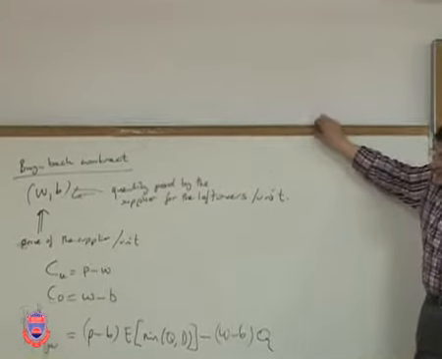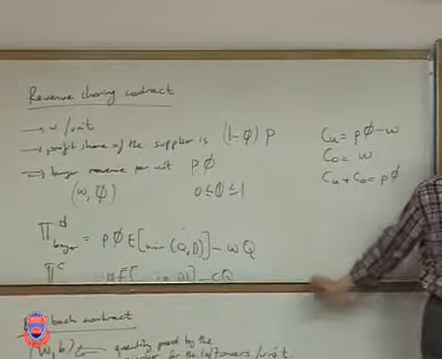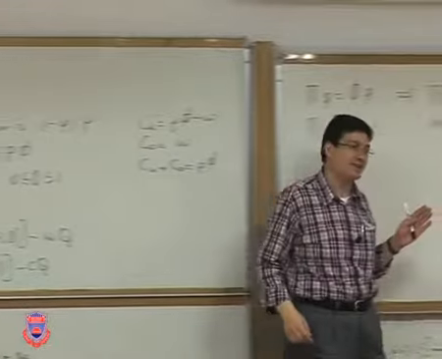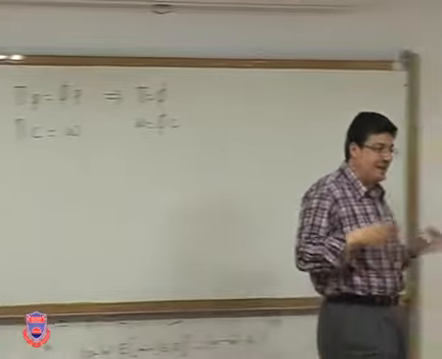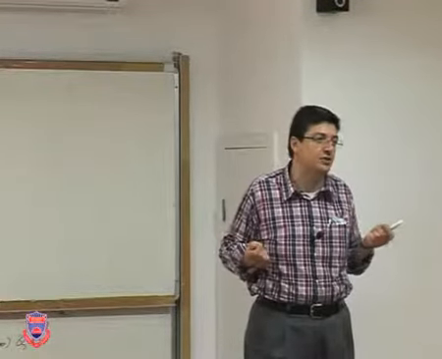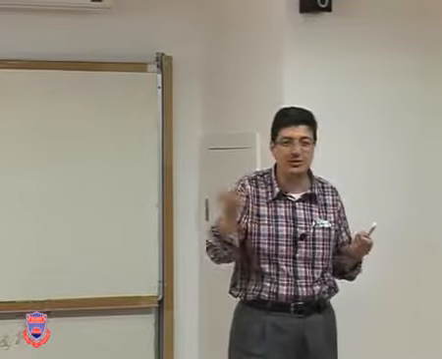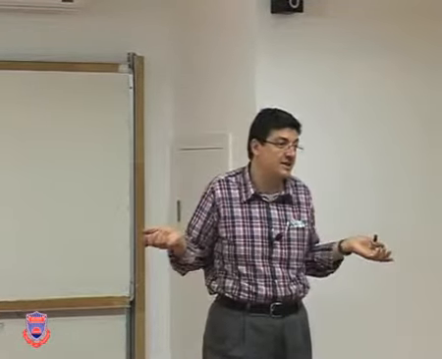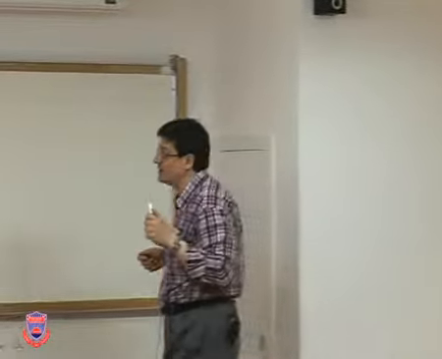And you can have the same value in the revenue sharing contract as well. So what does this mean? It means that both contracts are going to yield the same solution with respect to the profit share of the centralized system. You can always have points where both contracts are going to yield the same solution.